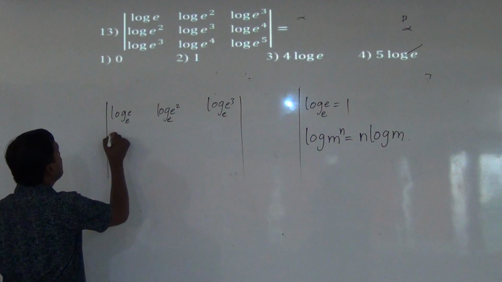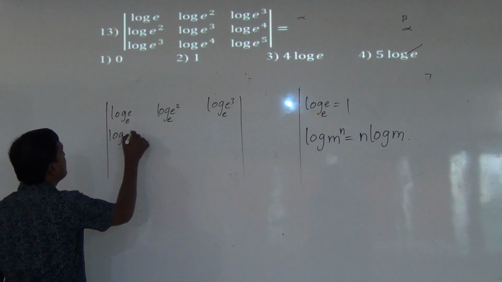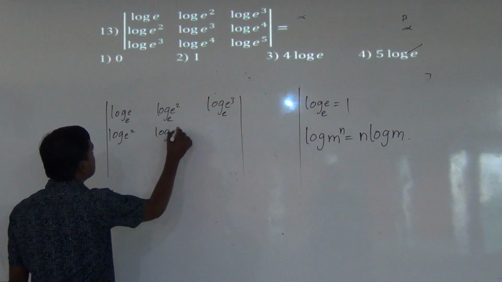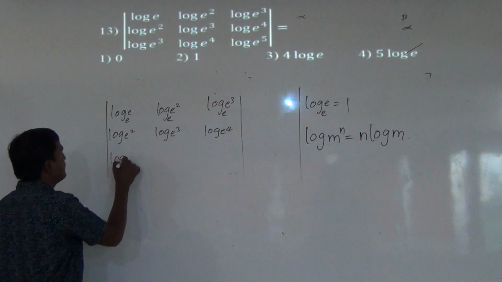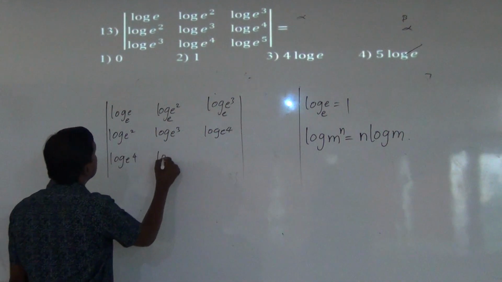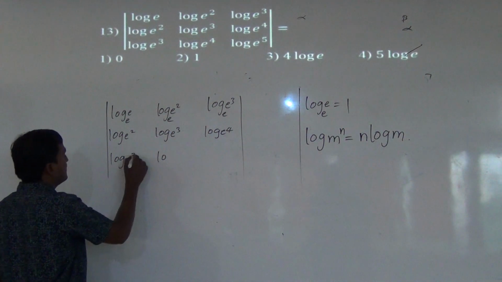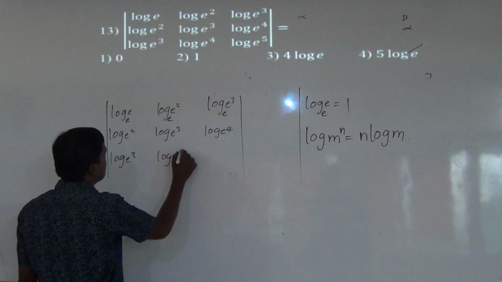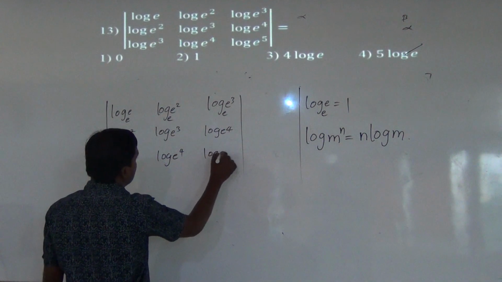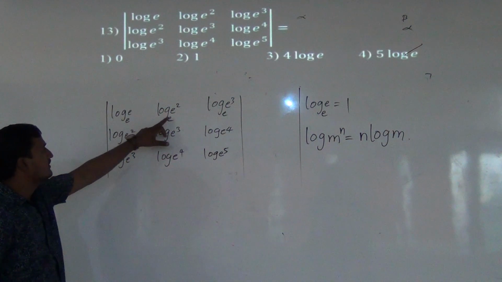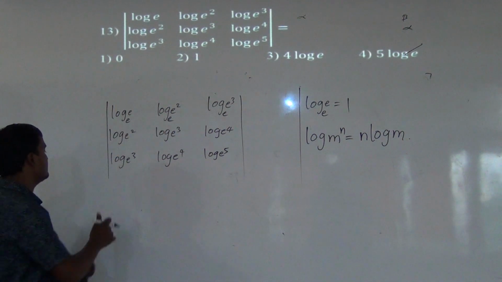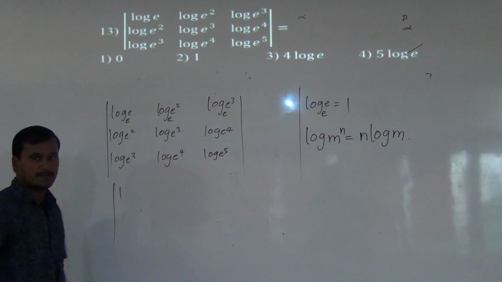So again log e square, log e cube, log e raised to 4, here it is log e raised to 4, log e raised to 5, right? Now it is in the form of log e to the base e, which means the value is 1.